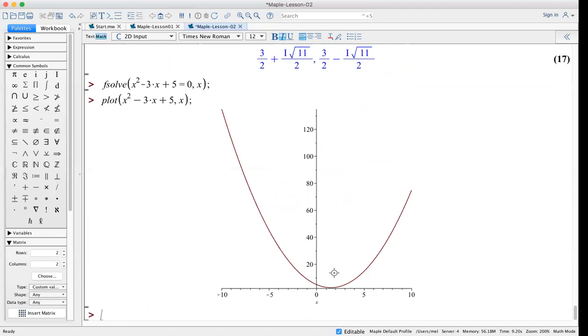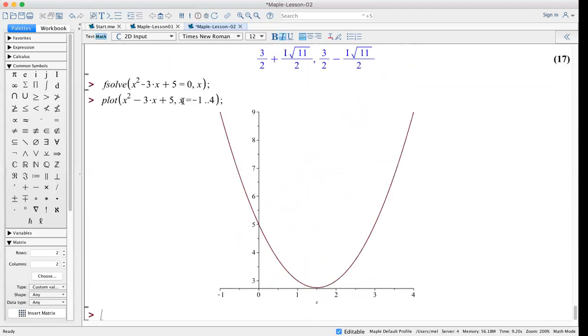You have to stare pretty hard here to see what's going on, and maybe if we just want to magnify this, suppose we just graph this from x going from -1 to 4. Here you have to be a little bit clever. If you look at the y-axis, it's not going down to 0. So this really is way above the x-axis.